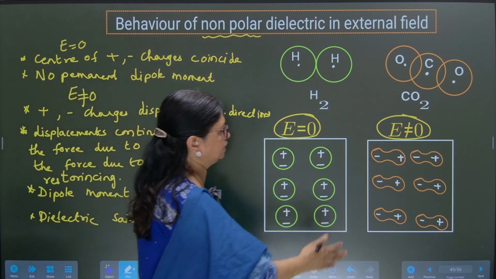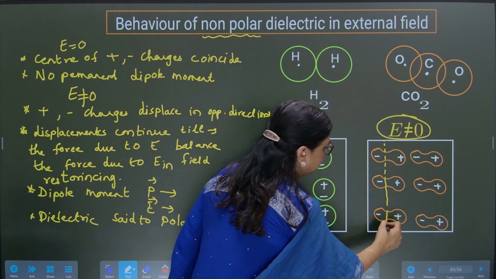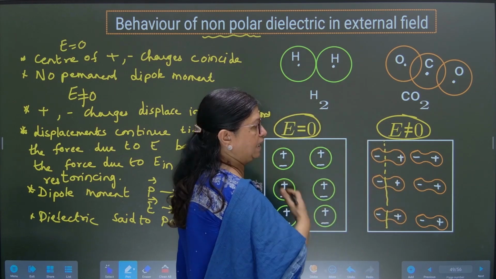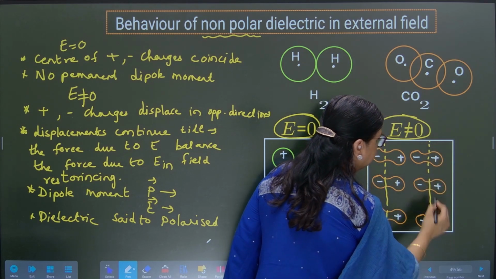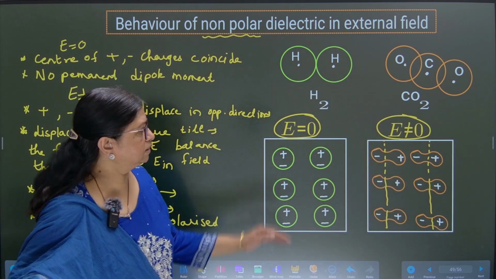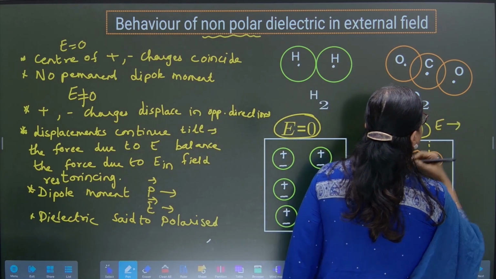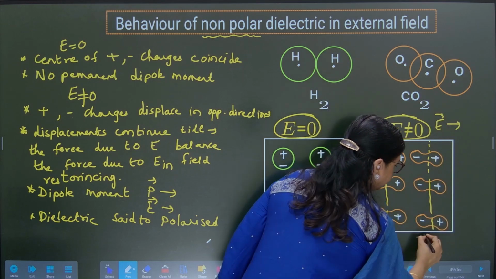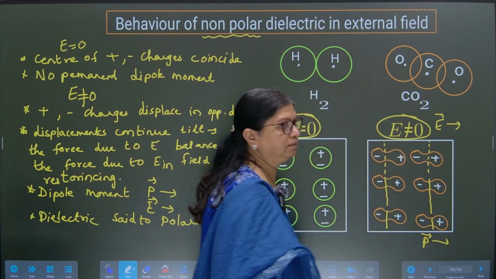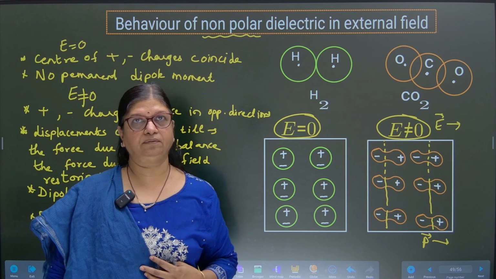What is polarized? You can see here only negative charges are there at this end, and at the other end there are only positive charges. This is the direction of the electric field, and this is the direction of the dipole. So this is what will happen.